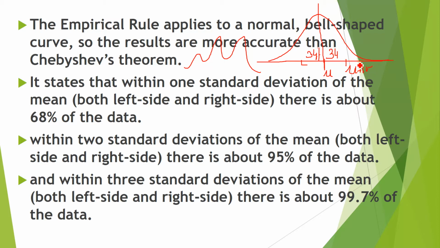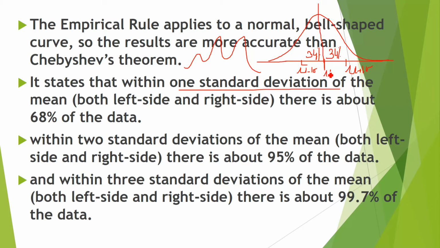Suppose it is a number line, on the right hand side you have positive numbers, on the left hand side you have negative numbers. So here is mu minus 1 sigma. So of the 68%, 34% you will find on the right hand side, 34% of the data you will see on the left hand side. The data is equally divided if you have one standard deviation of the mean.